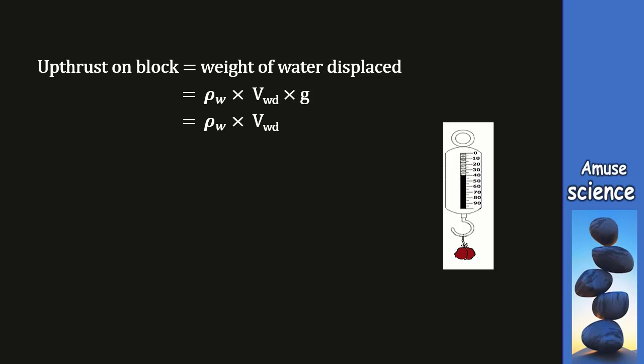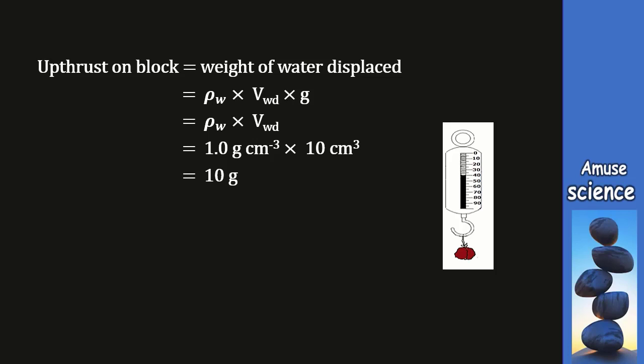And it means we are now going to get the upthrust on the block in terms of only the mass. So by substituting in the values, we are going to get 1.0 grams per cubic centimeter multiplied by 10 cubic centimeters. We are going to get 10 grams. So the upthrust on the block is 10 grams.